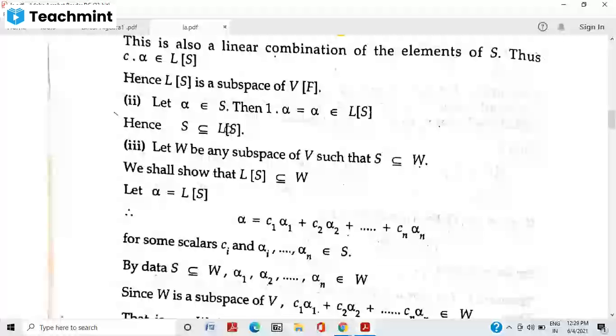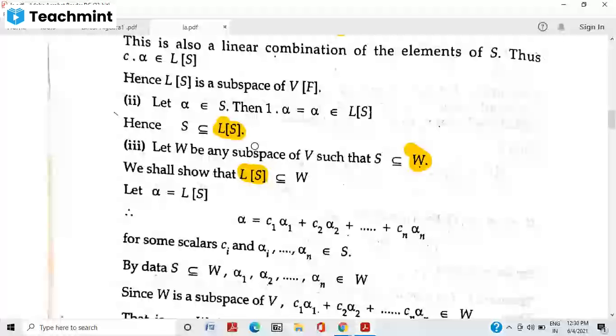L of S is also containing S, and W is also containing S. But what we should prove is which one is the smallest one. L of S is the smallest one, or we can show L of S is contained in W.